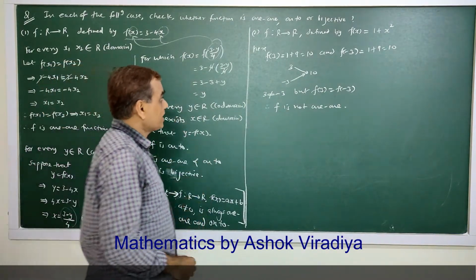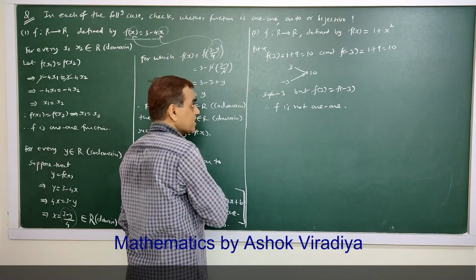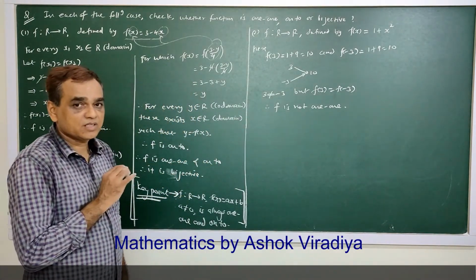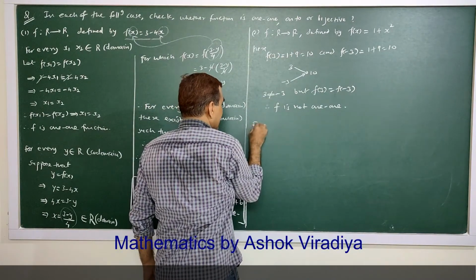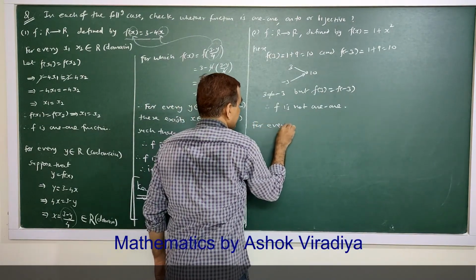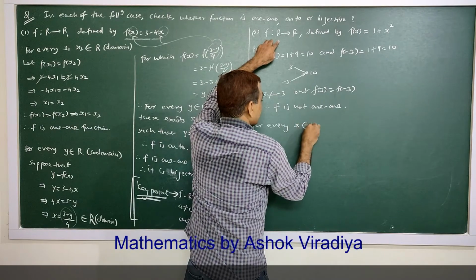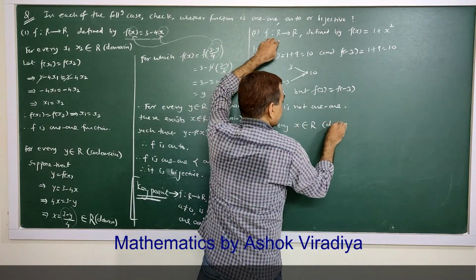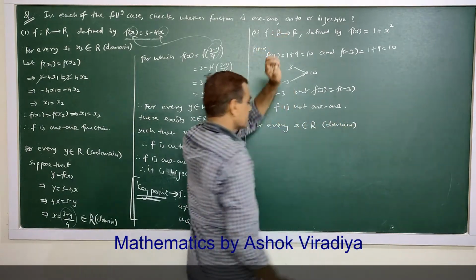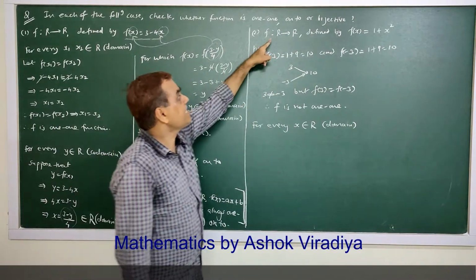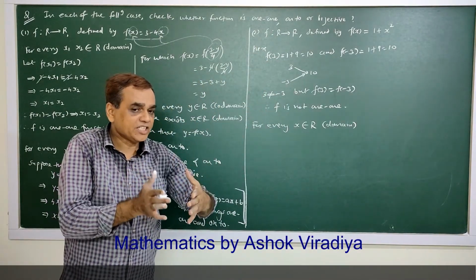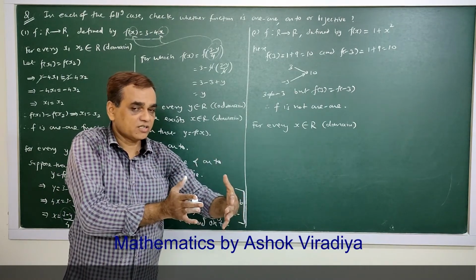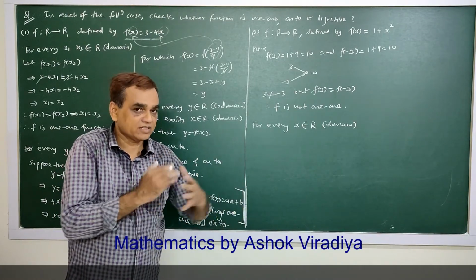Now for onto-ness. If we take any real x belonging to R, R being the domain, let me check the nature of its image, which type of images we are getting.